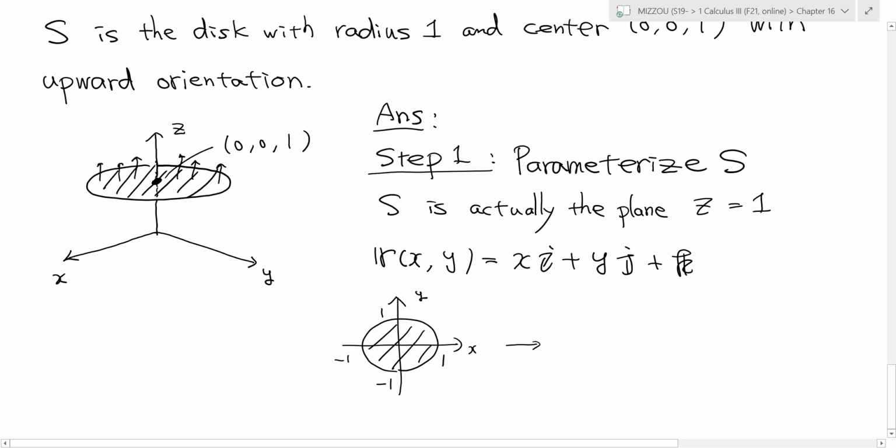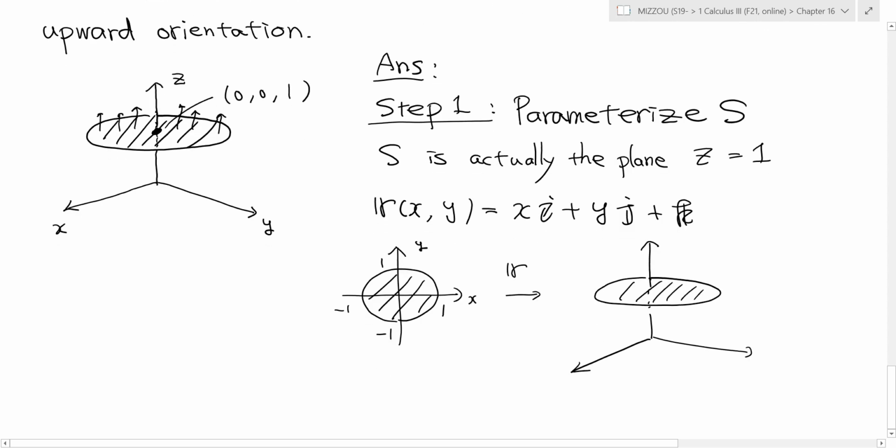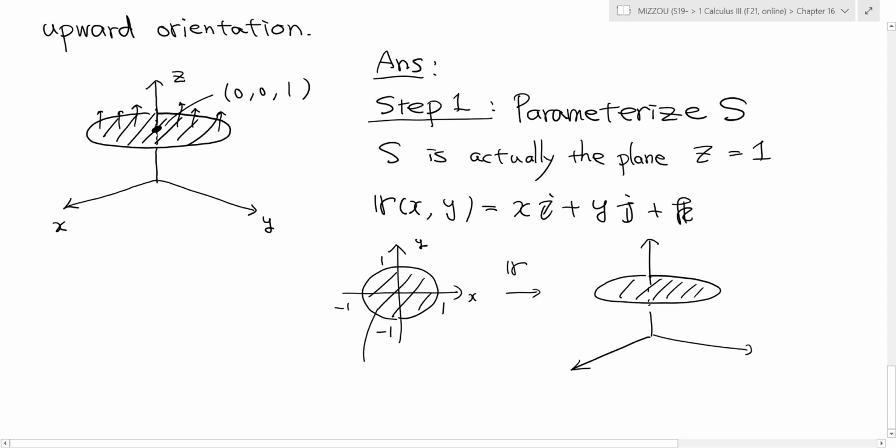And then by r, this gets mapped to the disk floating in the air, like in the picture like this. Okay. So this is our D. So that's step number 1.